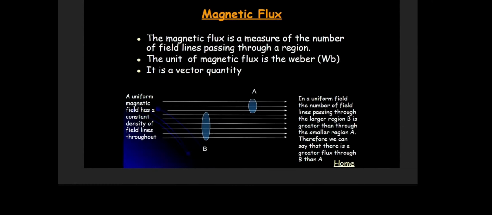If we take, for example, the two diagrams there, the field lines are the arrows being drawn, and the areas we're going to focus on are A and B. We notice that the area at A is smaller than the area at B. Three magnetic field lines pass through A, and through B we have 6. So the magnetic flux tells us how much of those field lines will pass a specific area.